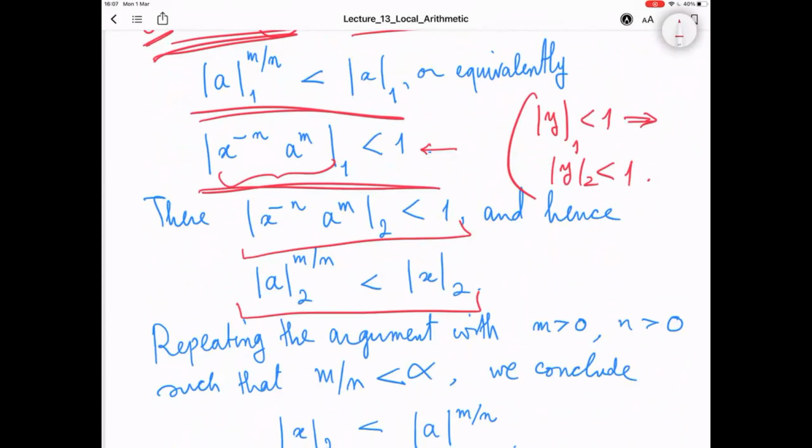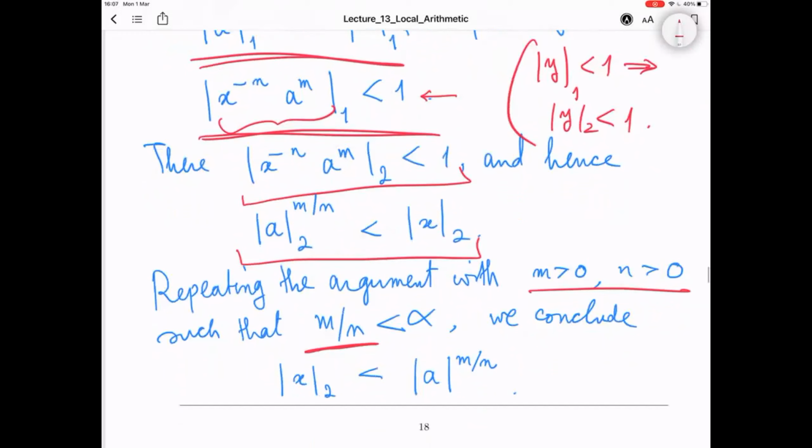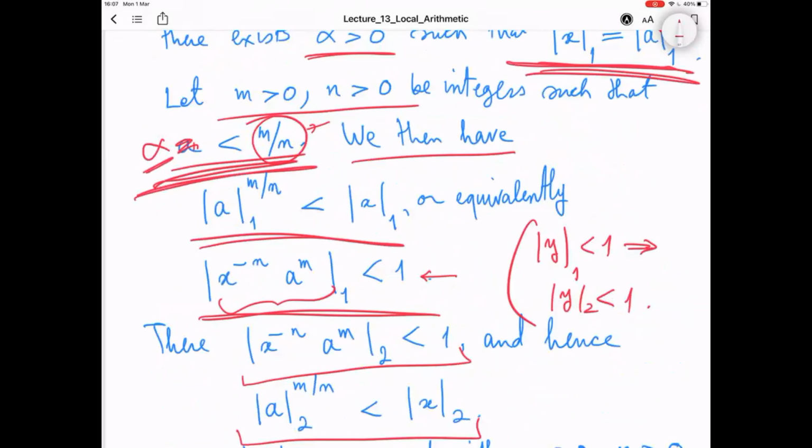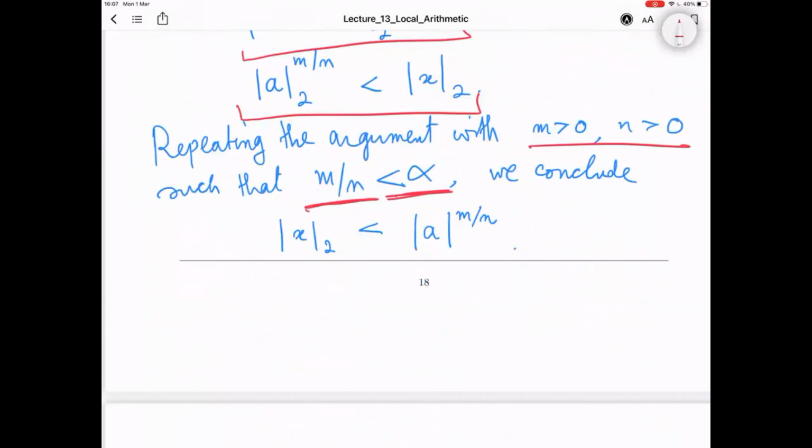Now you repeat the argument with some rational number m over n which is strictly less than alpha. Here I had taken a rational number m over n which is strictly bigger than alpha. And now I take some m over n which is strictly less than alpha. And I repeat the same argument, and I'll get a similar conclusion.